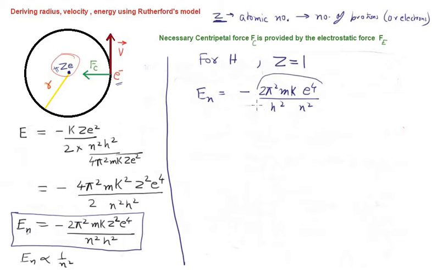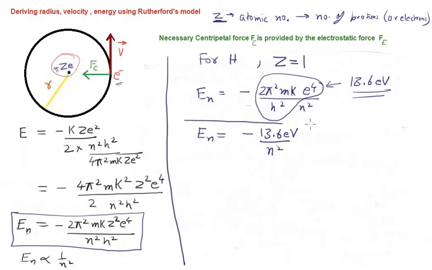Now if we calculate this value in joules and then convert it into electron volts, this value comes out to be 13.6 electron volt. And you know how to convert joules into electron volt, right? So this value I have pre-calculated, so it is minus 13.6 electron volt divided by n². So we see that energy is changing according to this equation.